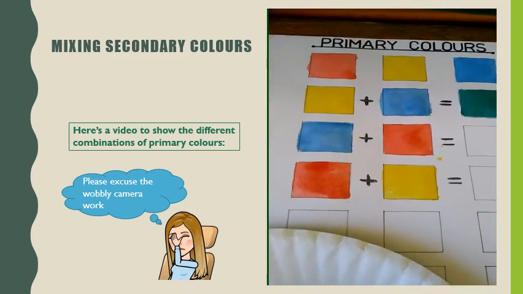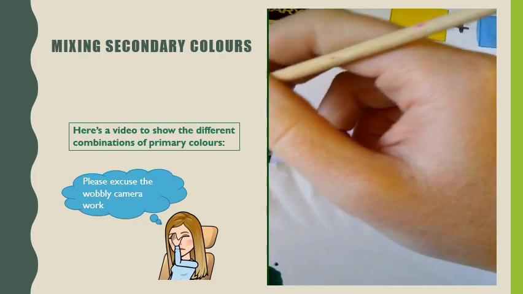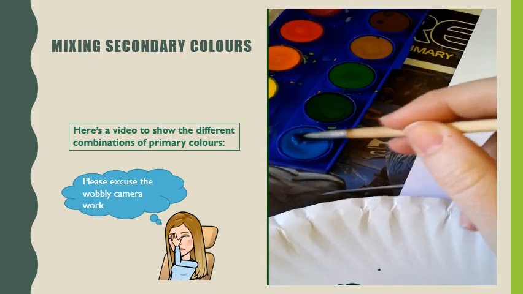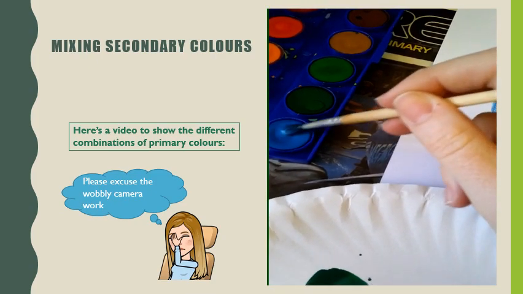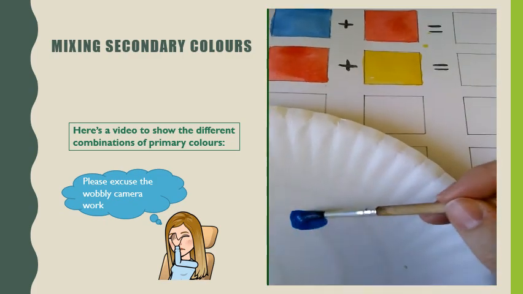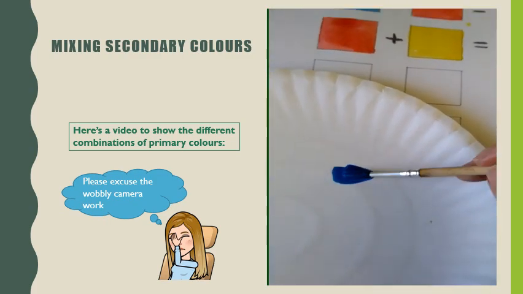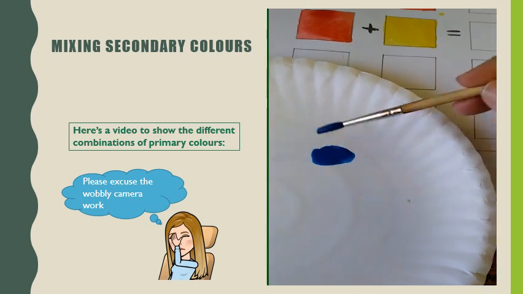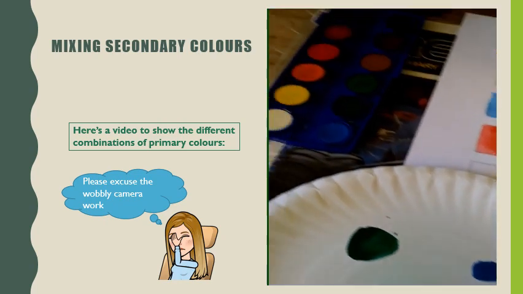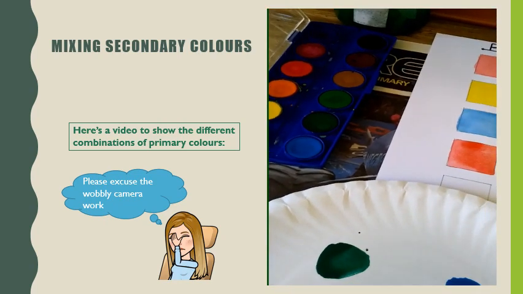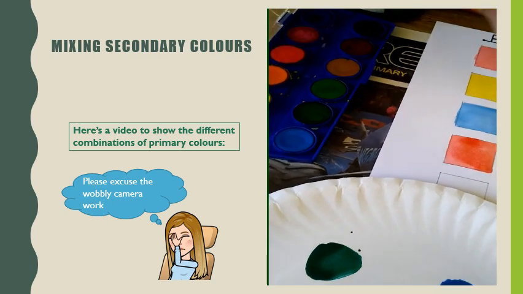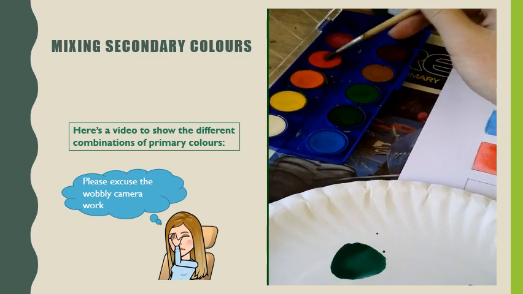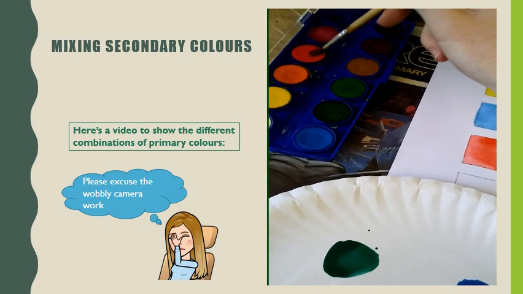So now we're going to do blue and red together. So we're going to take our blue, put it onto our paper plate, clean off our brush, and then grab our red. Just add some water to it so it's nice and liquid-like.